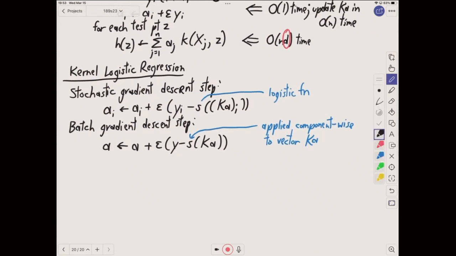And lastly, there's a minor change to the way that we process all the test points. If you want the posterior probabilities, so remember with the perceptron algorithm, we just output this linear combination of inner products. With logistic regression, if we want the posterior probabilities, then we apply the logistic function to that same expression.